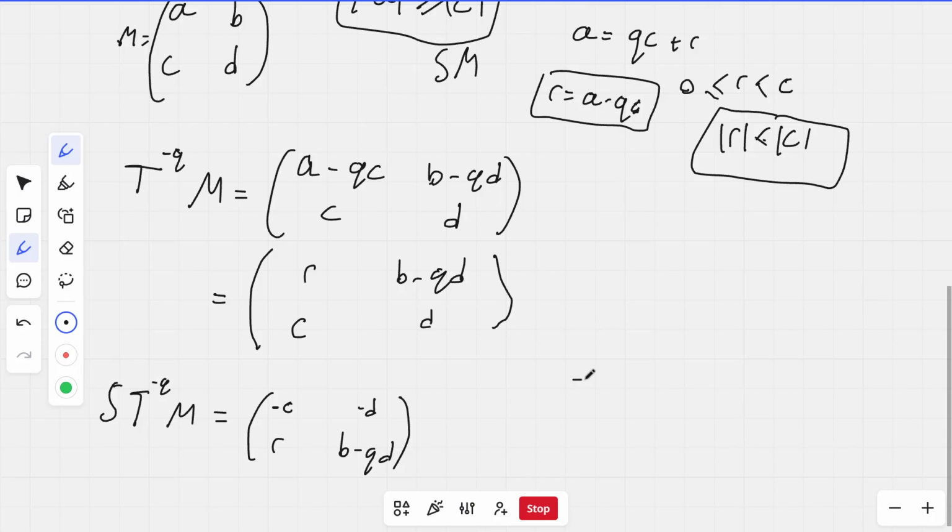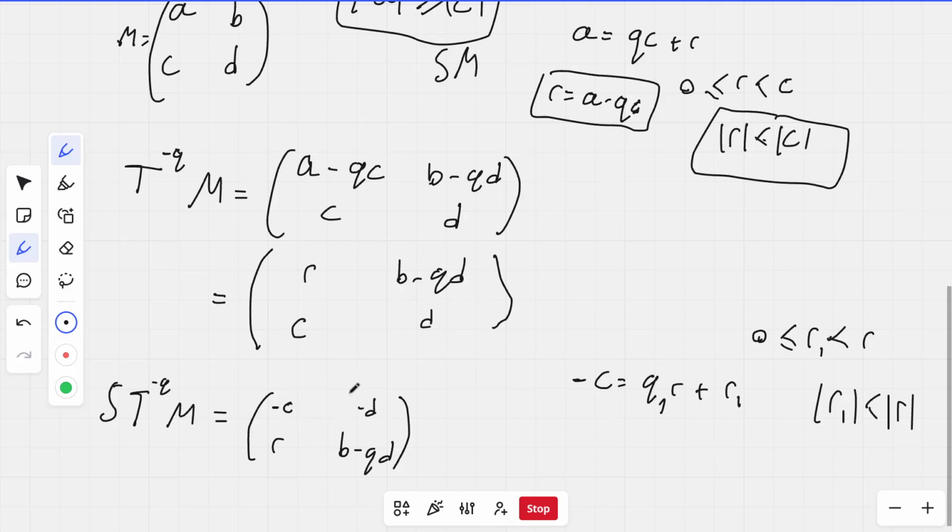algorithm again. And we can say minus C is, we'll call it Q1 this time, Q1R plus another remainder R1, where R1 is greater than or equal to 0 and less than R. In other words, the modulus of R1 is less than the modulus of R. And then again, we can isolate R1 and swap it back in.